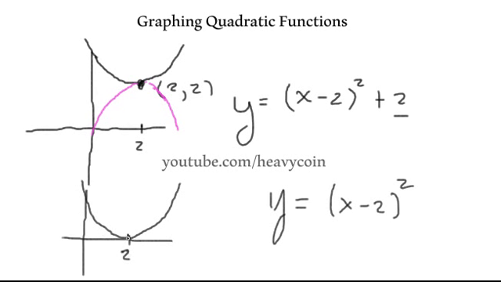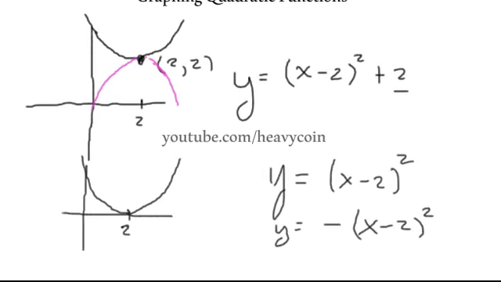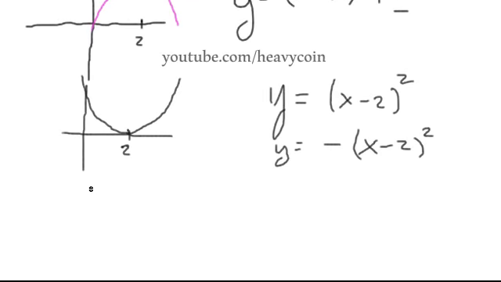Now we want to reflect this graph, so we'd throw a negative out in front of it. So it'd be negative x minus 2 squared. That would cause the graph to reflect, and I'll do that in a different color. So it would look like that.